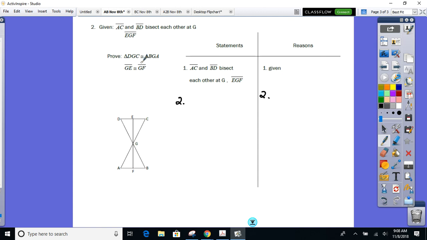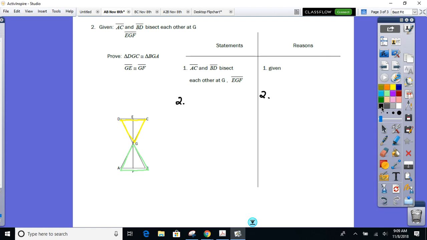All right, DGC, BGA. All right, this is a given we haven't really seen in a couple proofs, a lot of proofs actually.